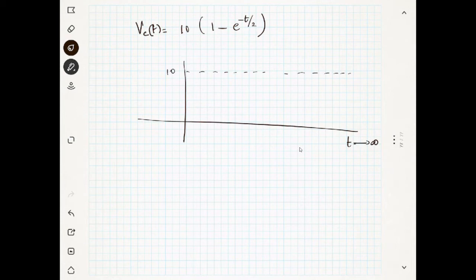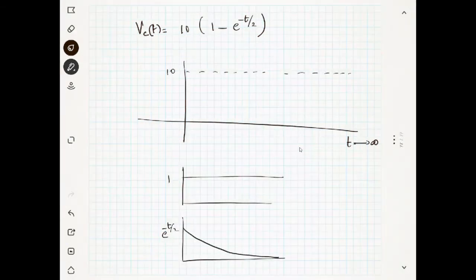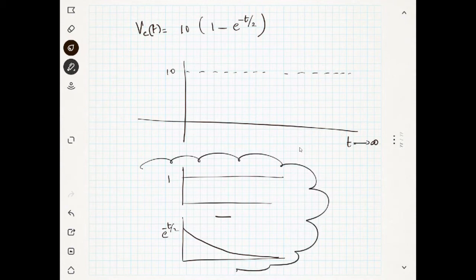And you know this is the equation for 1. If I plot 1, this is the equation, and e power minus t over 2 is nothing but this equation. And I'm subtracting, so please be careful about this. 10 into 1 is nothing but 10 volt, and this is nothing but 10 into e power minus t over 2.